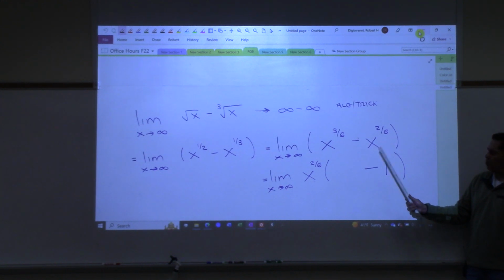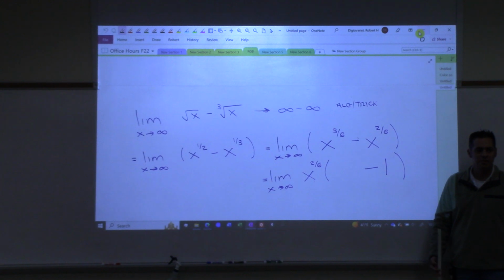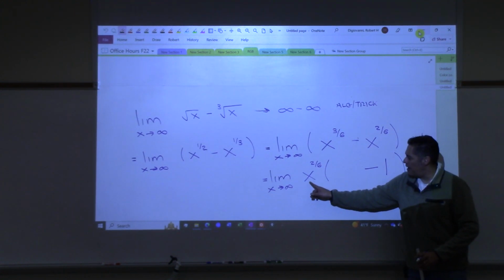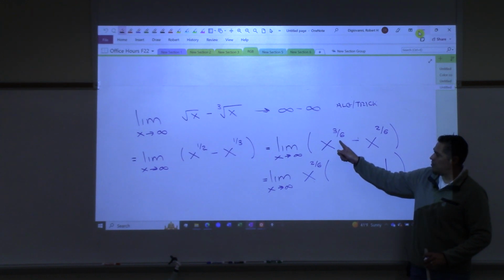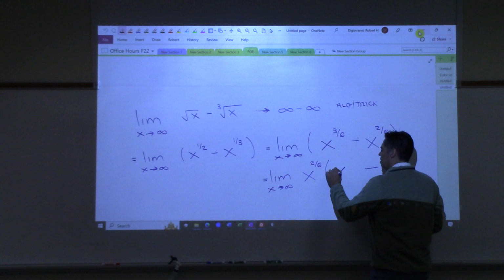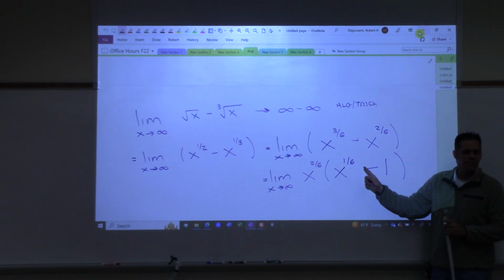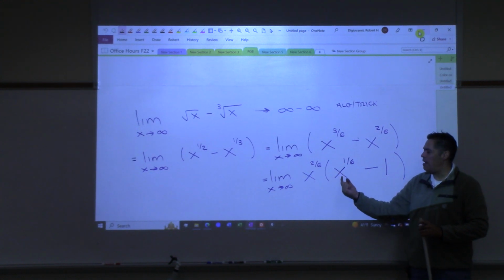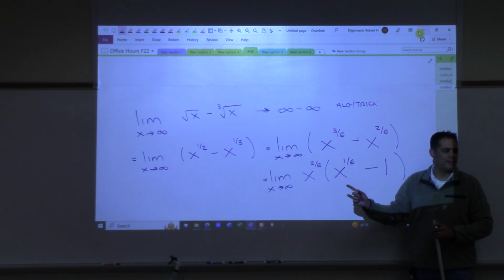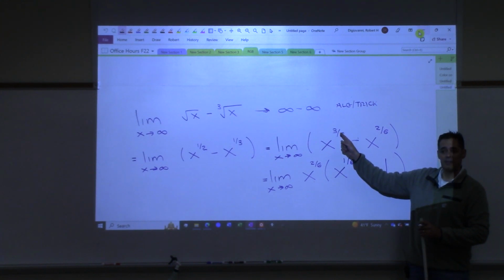What would I need here to get x to the 3/6? I need to multiply x to the 2/6 times something to get that. 1/6. X to the 1/6. Good. Why is it 1/6? What do you do to the exponents when you multiply? You add them. And what's 2/6 plus 1/6? 3/6.